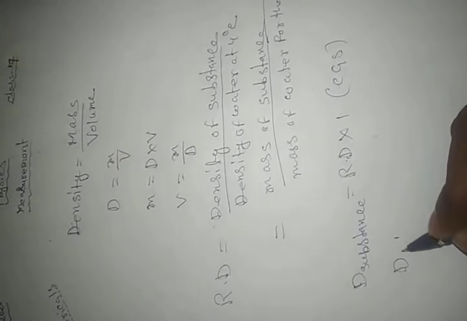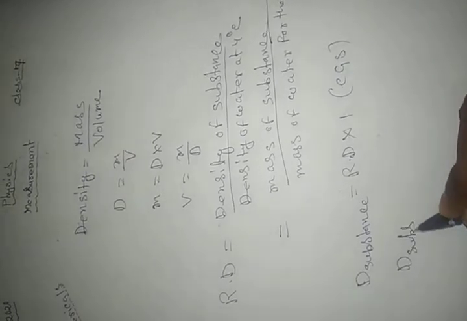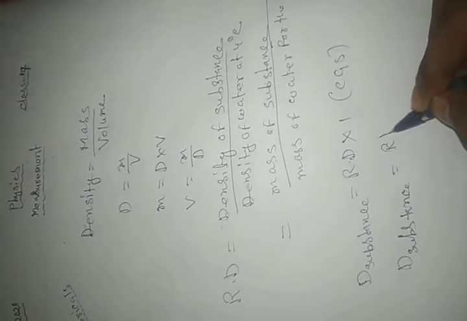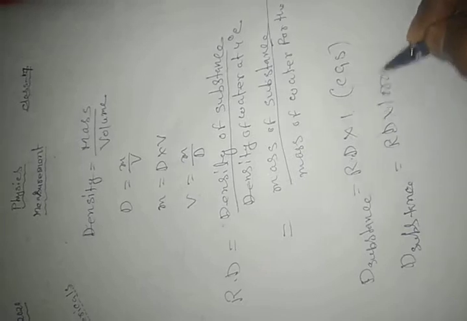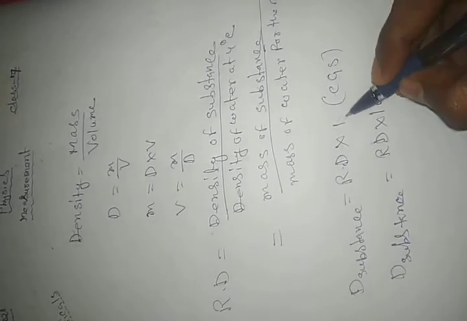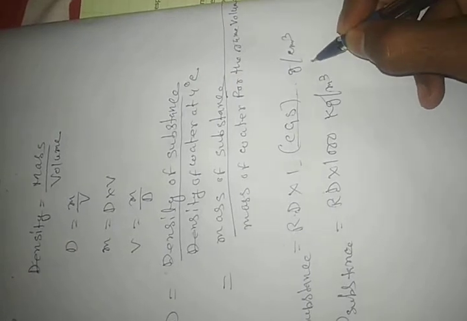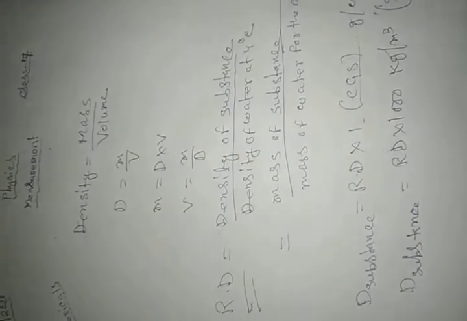The density of the substance equals relative density into 1000, and you have to write the unit, that is kg per meter cube, in case of SI. You have to remember one more thing: relative density does not have any unit, but density has the unit.